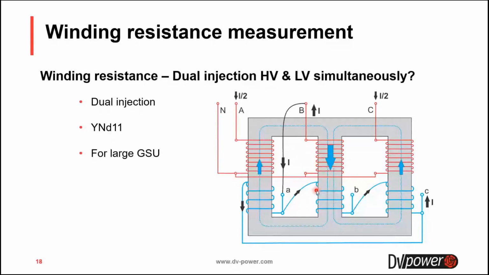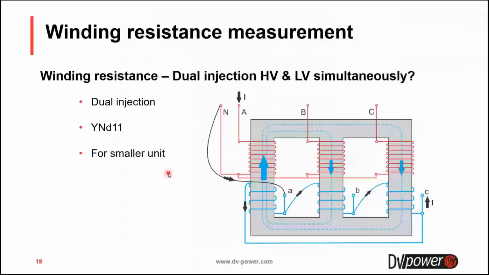With these setups, we can test only the low voltage side. In this slide, I show you one more principle for dual injection on the high voltage and low voltage simultaneously.